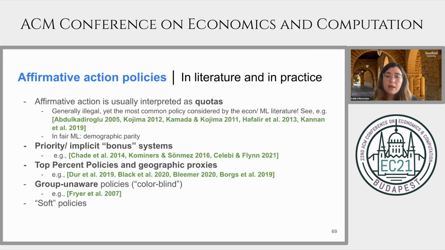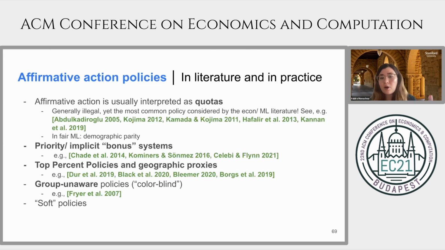For example, in Texas and in the past in California, we see top percent policies, where the top X% of students from each high school are admitted almost automatically to public universities. And in a similar way, we see other systems that use some geographic proxy, for example school choice, where students from certain neighborhoods are given some priority.